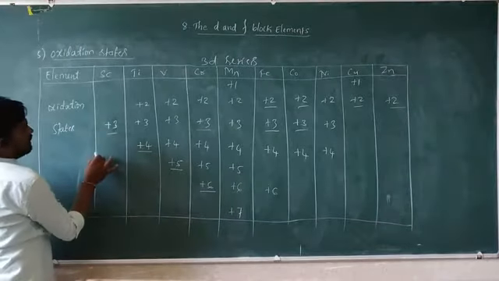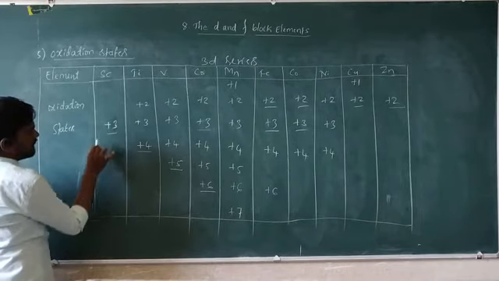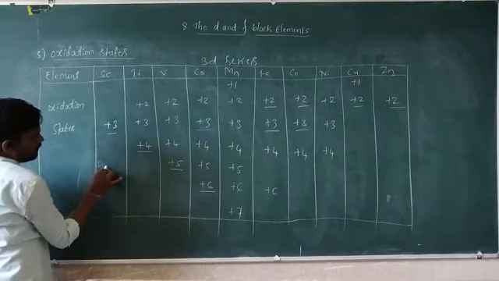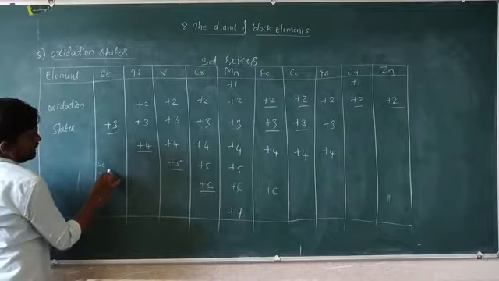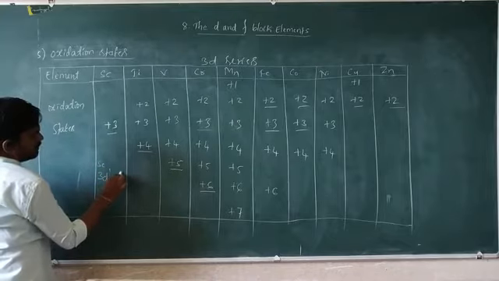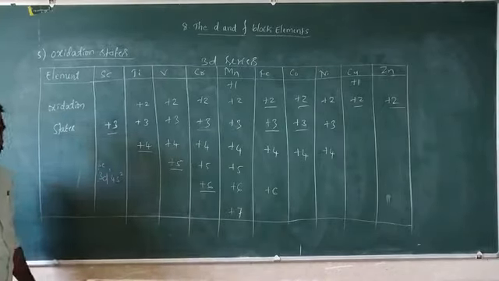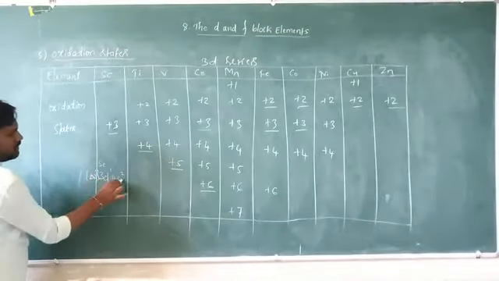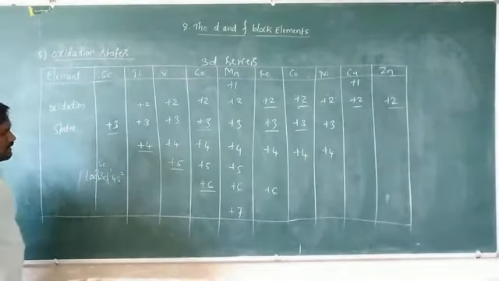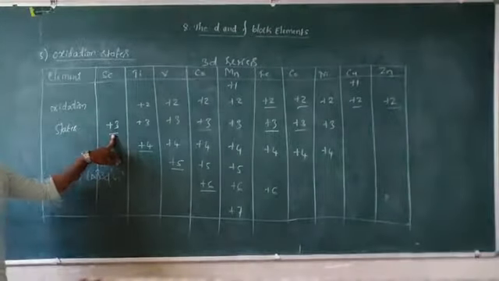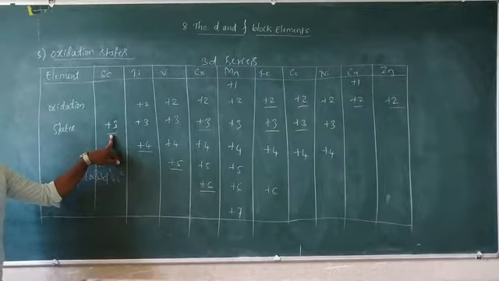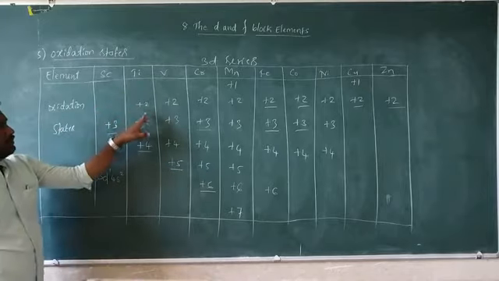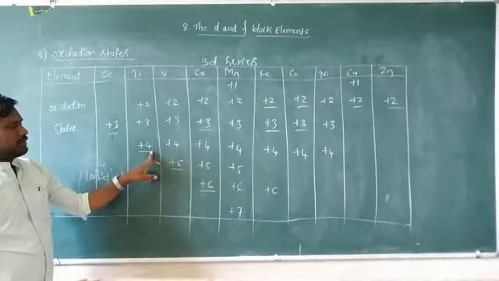What is the electronic configuration of scandium? 3d1 4s2, atomic number 21. +3 means it loses 3 electrons. Like that, titanium shows +2, +3 and +4.